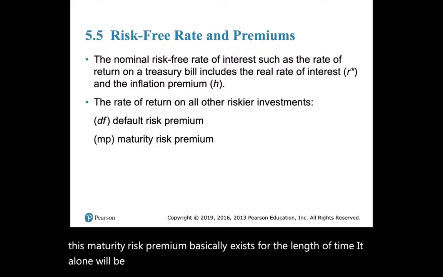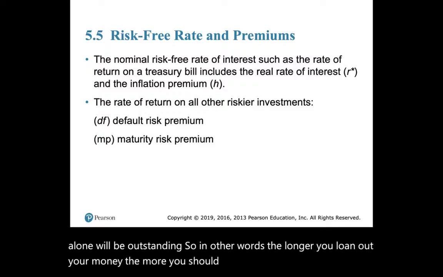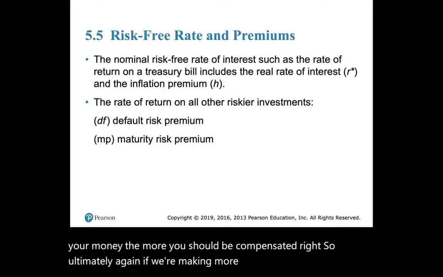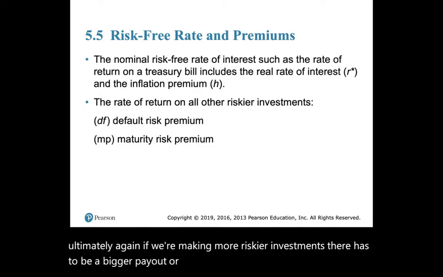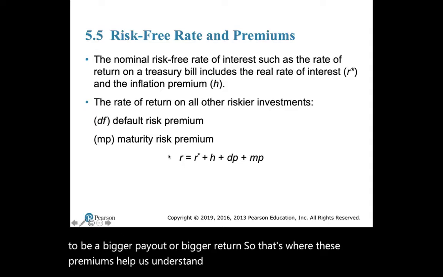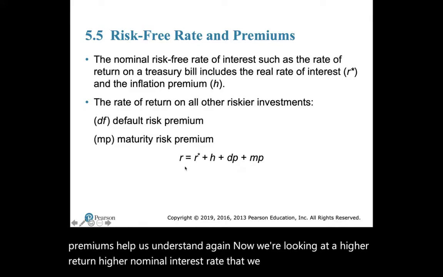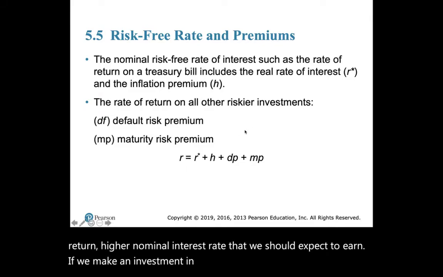In other words, the longer you loan out your money, the more you should be compensated. Ultimately, if we're making riskier investments, there has to be a bigger payout, a bigger return. That's where these premiums help us understand that we're looking at a higher nominal interest rate that we should expect to earn if we make such riskier investments.